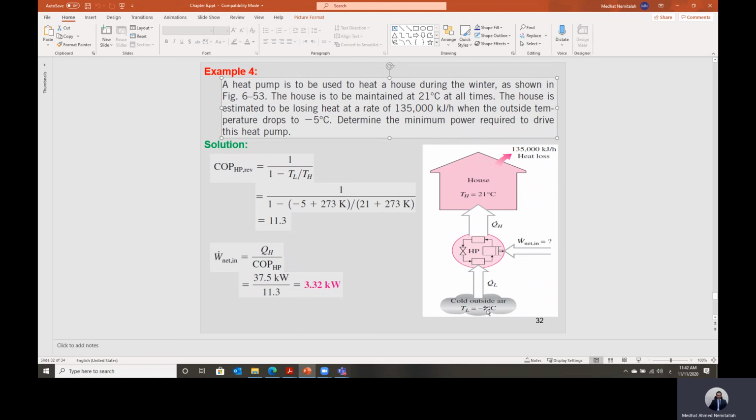So now we have T low equal to -5, T high equal to 21 degrees C. And we need to determine the minimum power required to drive the heat pump. Minimum power required to drive the heat pump means the heat pump is working on a Carnot cycle, a reversible system.